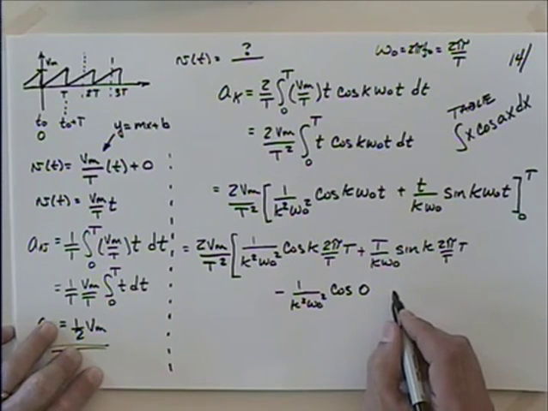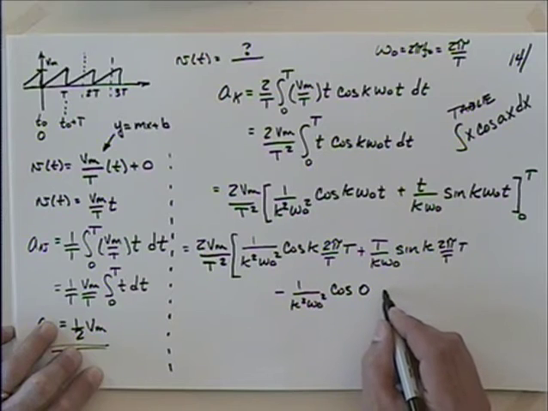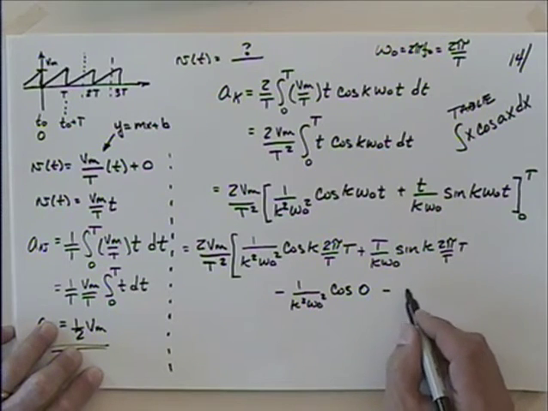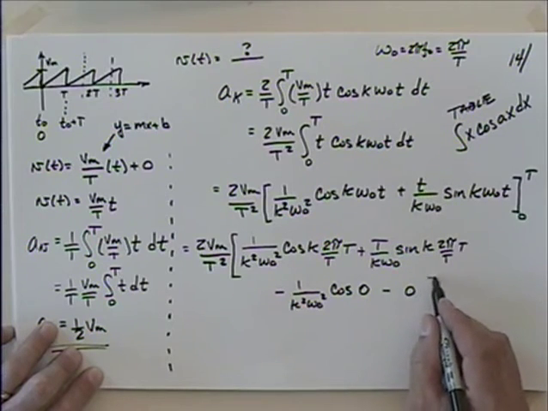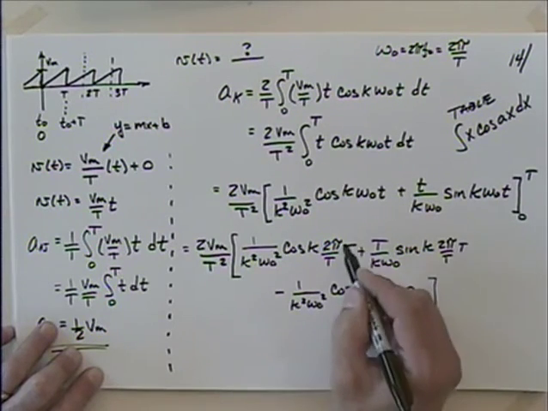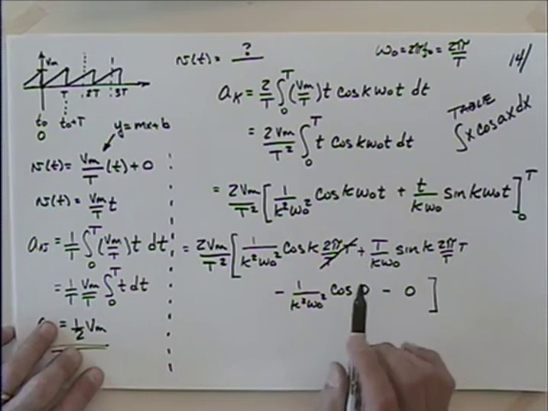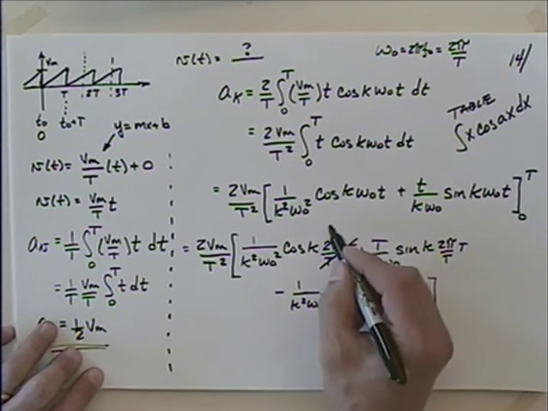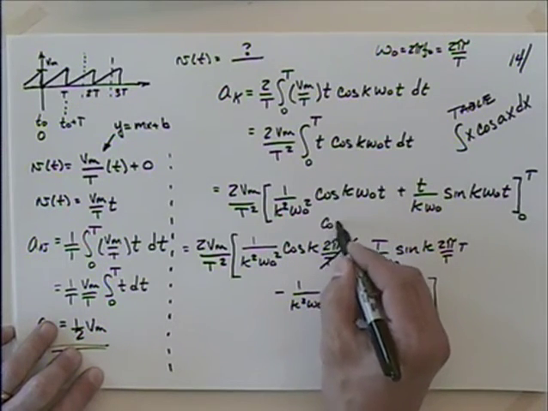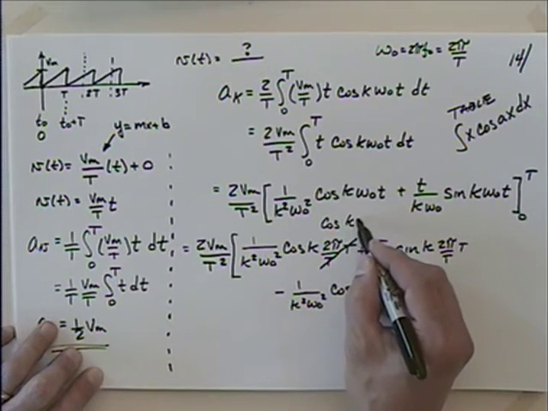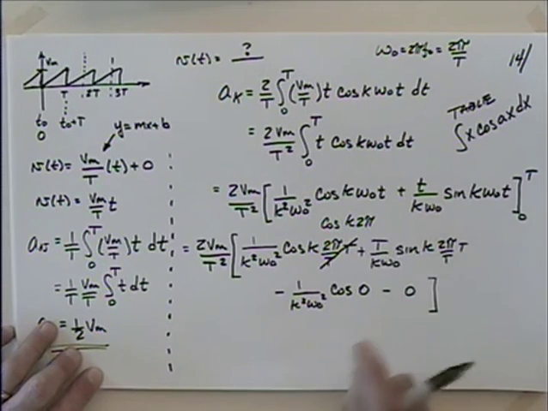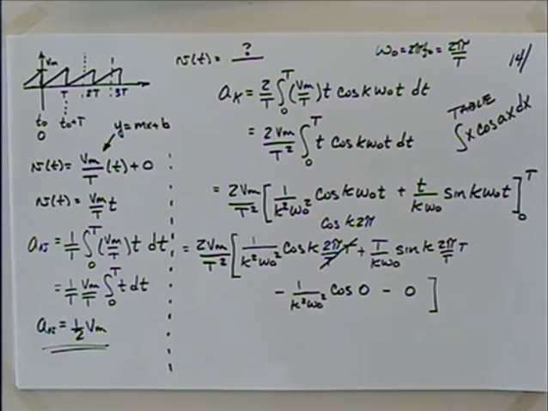And then I will have minus 0, because you put the 0 in there, you get the 0. So I get to cancel this, and this turns out to be equal to the cosine of k times 2 pi. What's that?